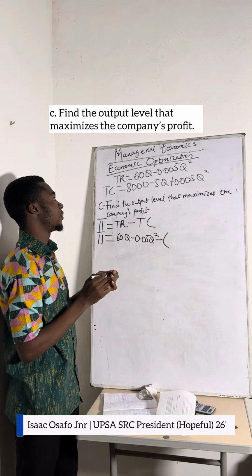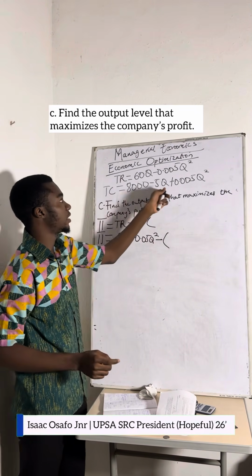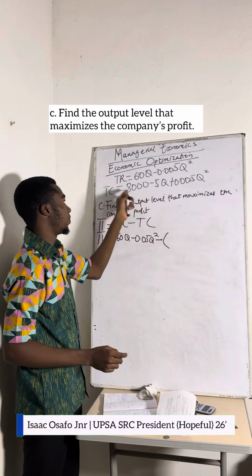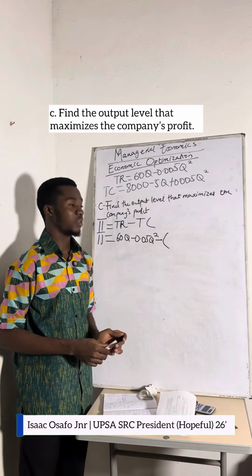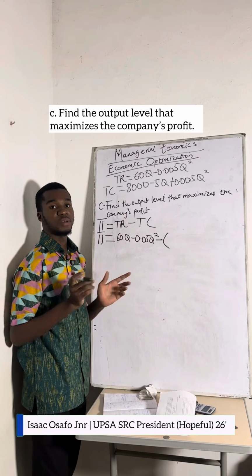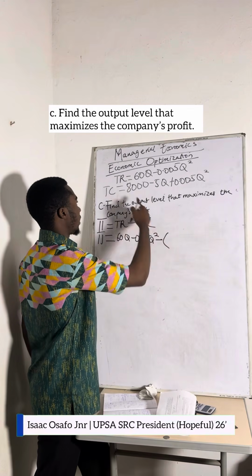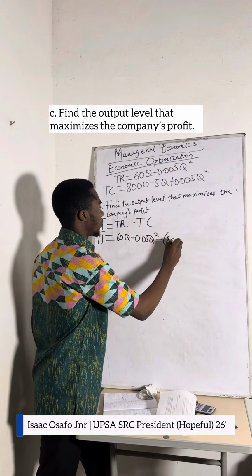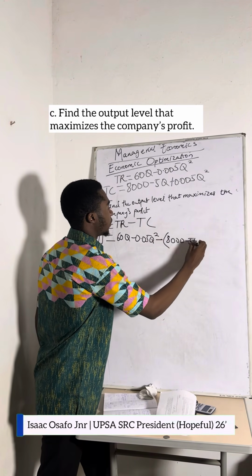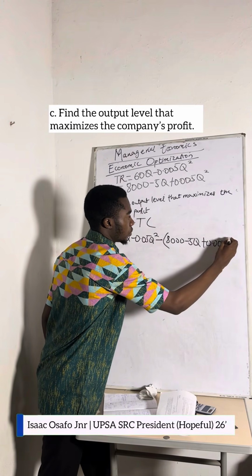And when you are doing this, I'll advise you to put it in brackets because the negative is affecting everything in the total cost. So minus this, minus this, minus this. If you don't put it in brackets, you might easily get confused. So minus the total cost, into brackets, 8,000 minus 5 Kil plus 0.005 Kil squared.